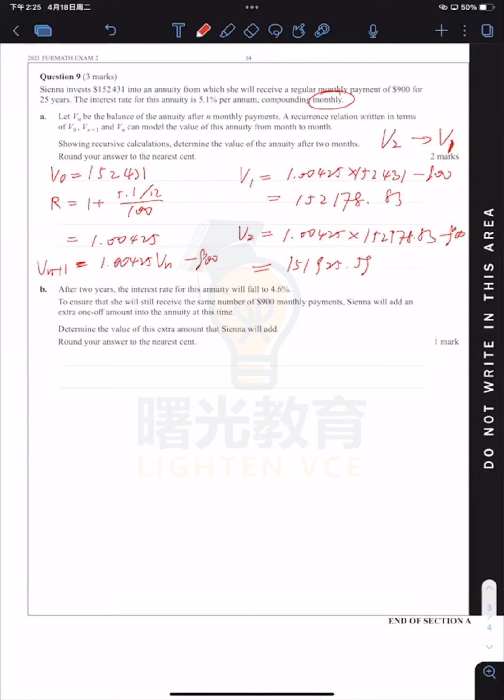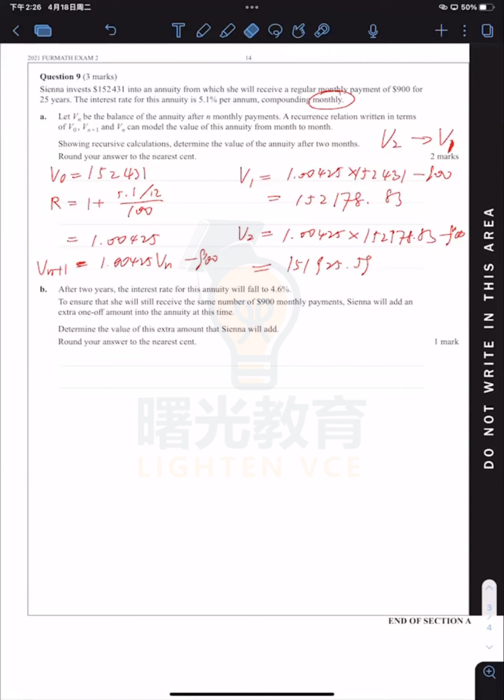B, after 2 years, the interest rate for this annuity will fall to 4.6%. So the interest rate is dropping. And that means the annuity cannot keep paying Sienna $900 anymore, because it doesn't compound enough.